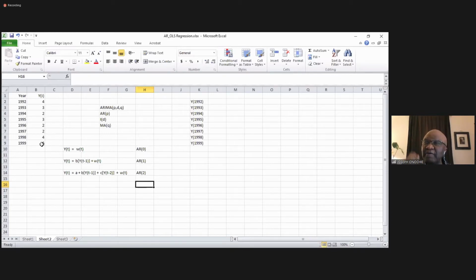Is it AR? Is it MA? Is it ARMA? Is it ARIMA? If you say none of those, it is AR. Good. Next question, AR what? It can't be AR0 because we said it's not white noise. Is it AR1? Is it AR2? Is it AR3? And so on and so forth.